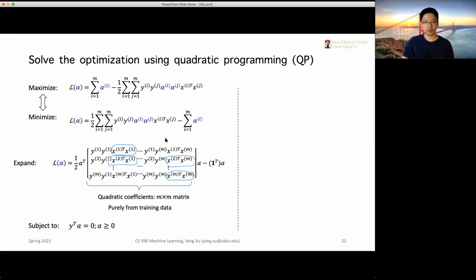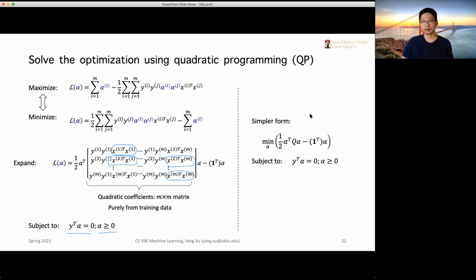All right. And yet we have another two constraints to be subject to, which are the equation and the inequality. A simpler form, if we don't look at the details of the matrix, is that we can use Q to replace the whole complex terms.